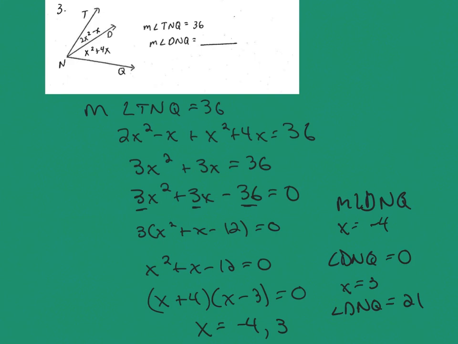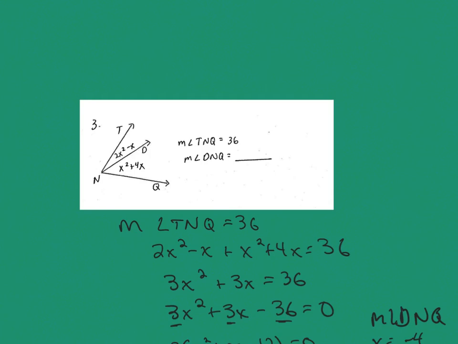You should try both of these solutions into this other angle as well, just to make sure that one of the two solutions doesn't create an impossible angle. And if we do, we see that 2 times negative 4 squared minus negative 4, well, that's going to work out because this is just going to be 2 times 16 plus 4, which is just 36.